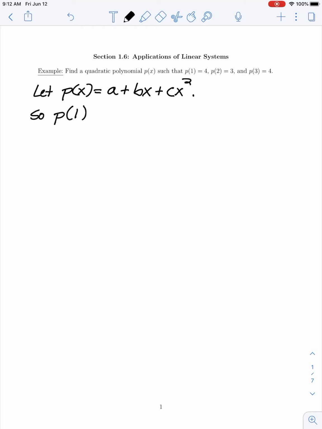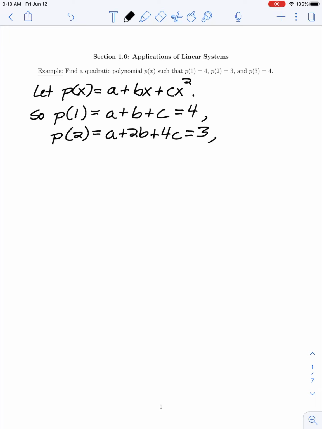That is, if we plug in 1 for x, we have a plus b plus c, which we're told has to equal 4. We're told that p of 2 has to equal 3. So let's see what we get when we plug in 2. We have a plus 2b plus c times 2 squared, which is 4c, and this has to equal 3.